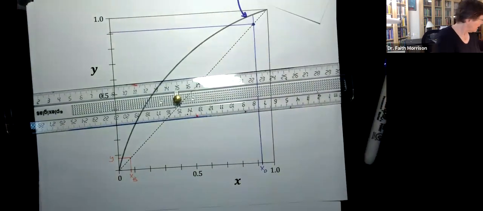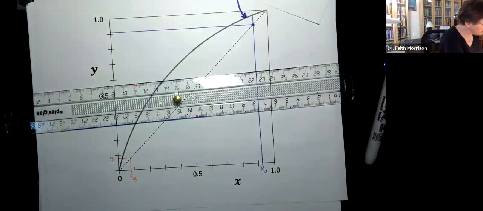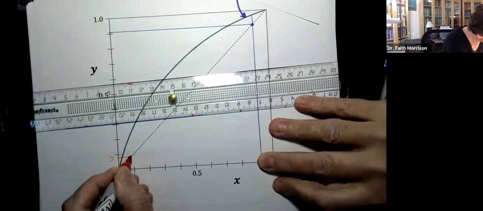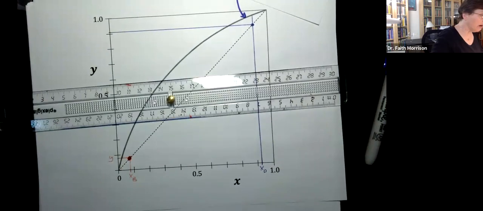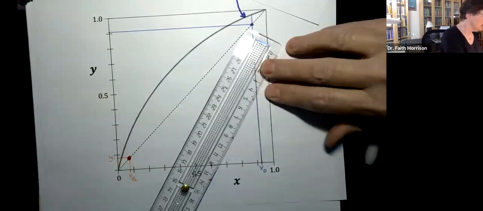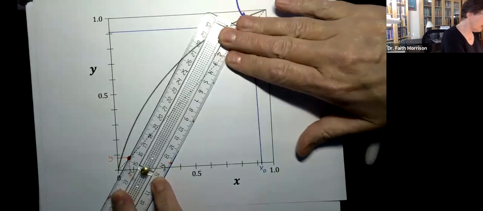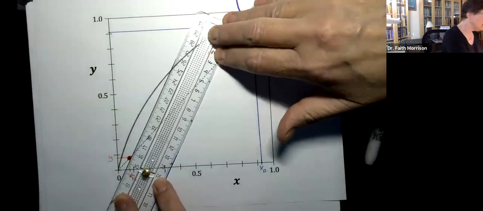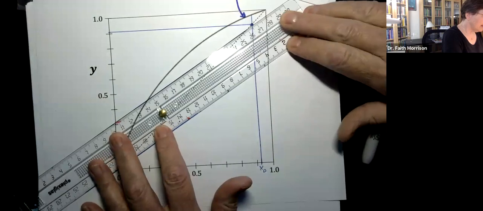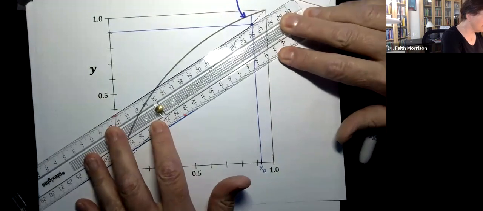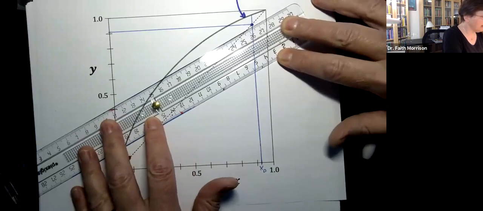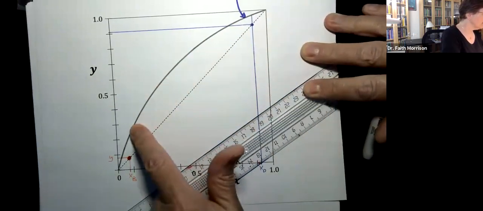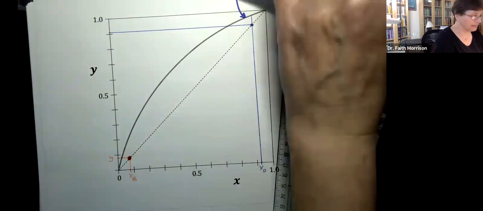I'll just put that dot on there. That's on the operating line for the stripping section. So the stripping section has some sort of a line that has to go through that point, and the enriching section has a line that has to go through this distillate point. And then we have this other curve which represents all the equilibrium stages in between.